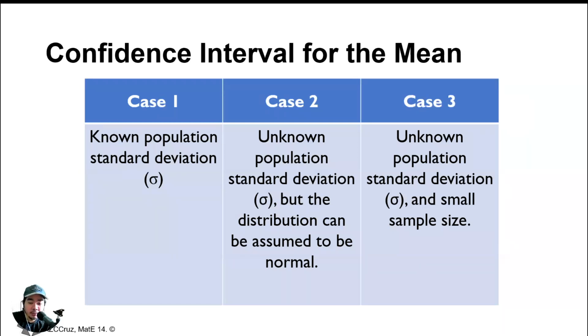And with that, we assume that the distribution is already normal. Okay? Tapos yung case 3 naman, this is a case wherein we have an unknown population standard deviation. Tapos the sample size is not large enough that we can assume normality, no? So in that case, iba na yung magiging distribution na ipa-follow natin, no? Okay, so later ipapakita ko sa inyo. Okay, so those are the 3 cases for determining confidence interval for the mean.